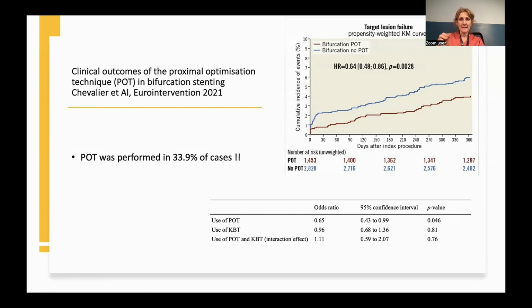This was very specific to performing a POT, because when they looked at kissing balloons as a substitute for POT, we didn't see this impact, and there was no interaction effect for the use of both POT and kissing balloons. So it really comes back to the importance of performing the POT.